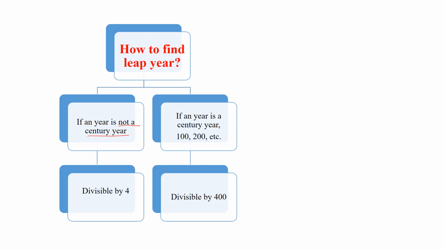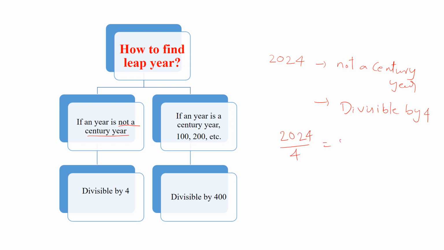For example, the year 2024, which is the next leap year, is not a century year, and it is divisible by 4. It means 2024 by 4 is equal to 506.